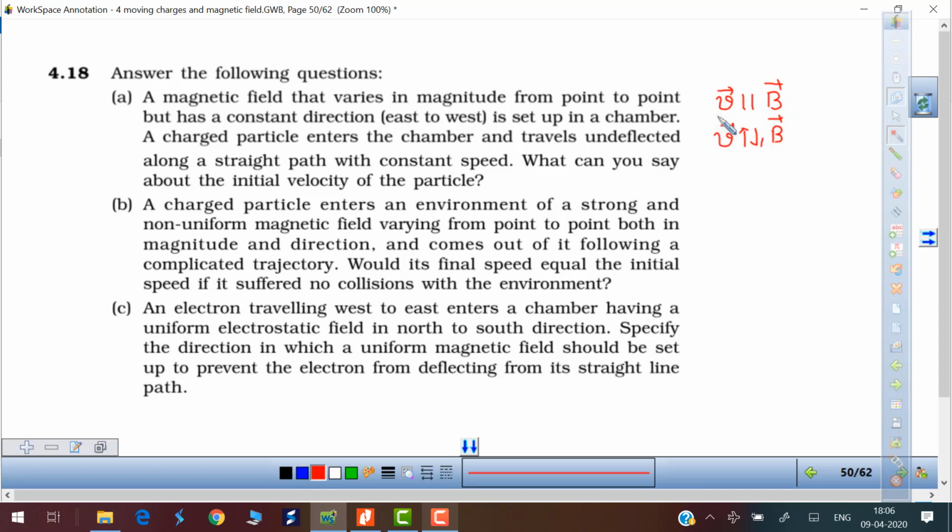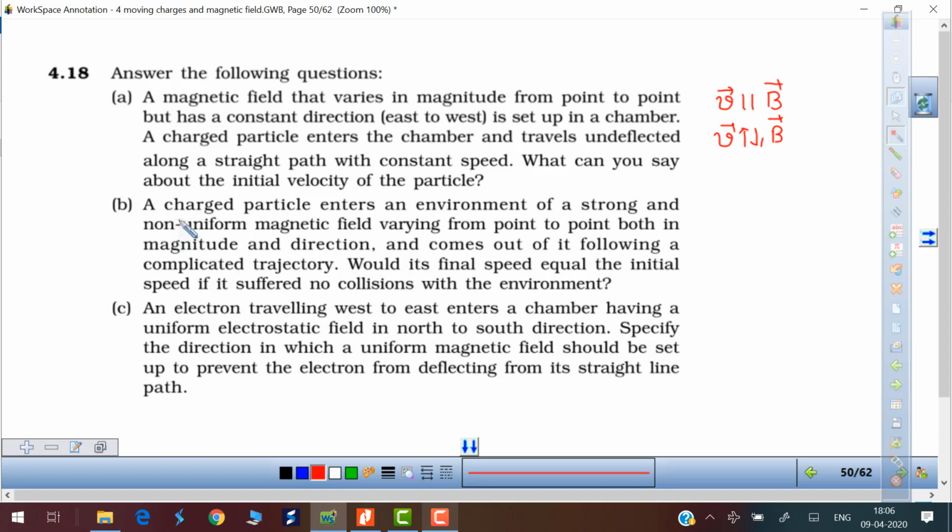And it comes out with the same magnitude only. Whatever the velocity at which it enters, with the same velocity it comes out without deflection and without change in the magnitude.